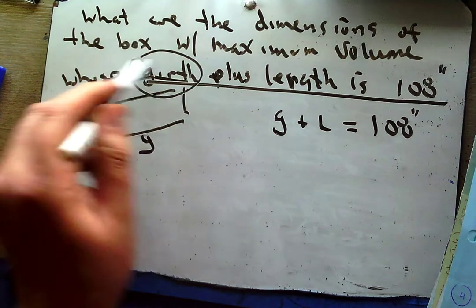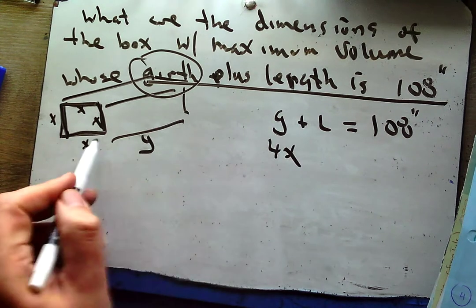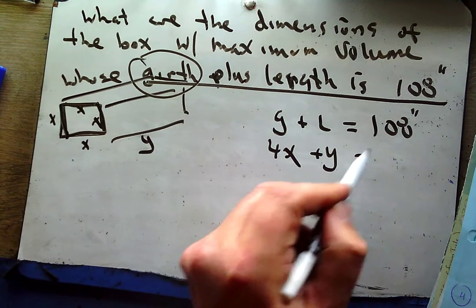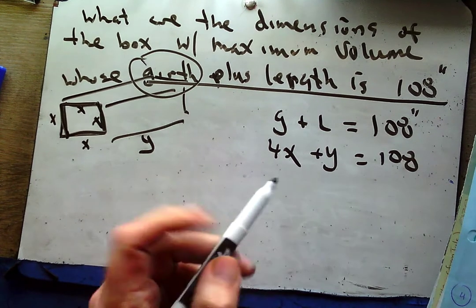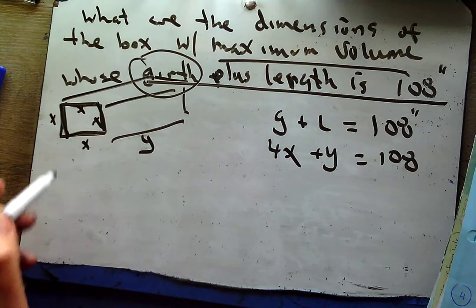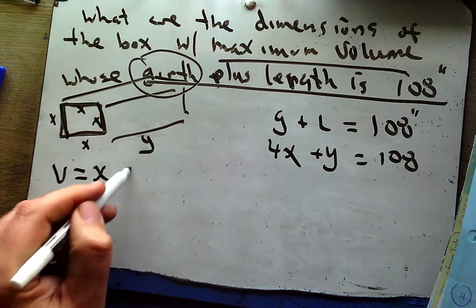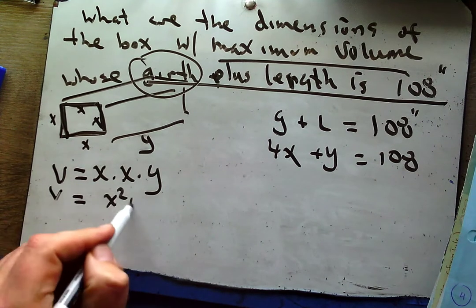So please, girth is the perimeter of the cross-section. 4x plus y equals 108. Is this the thing I want to maximize? No, I want to maximize volume. What's the formula for volume here? Volume is length times width times height. And so volume is going to be x squared y.